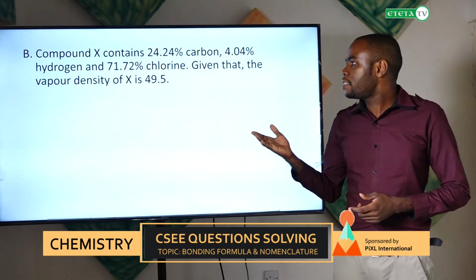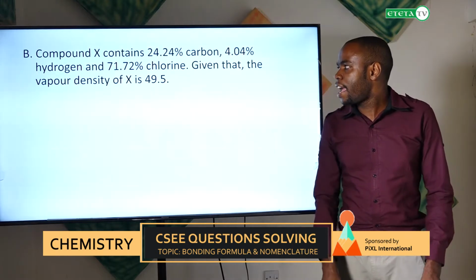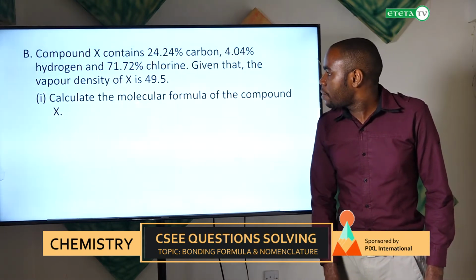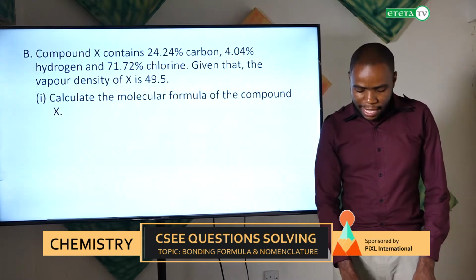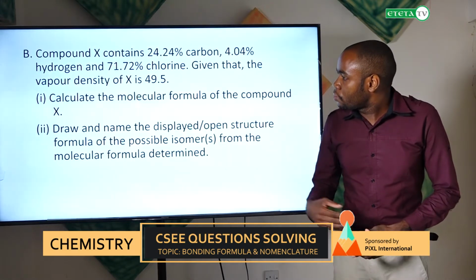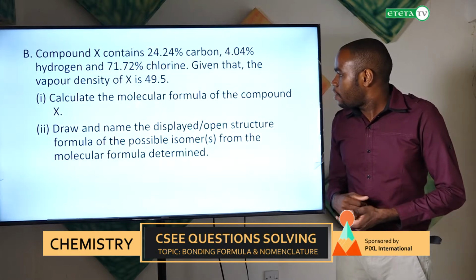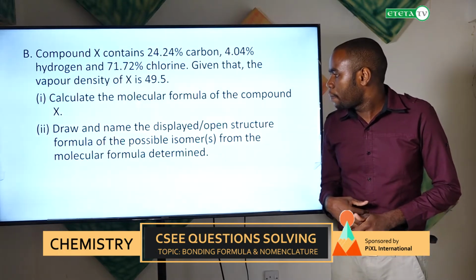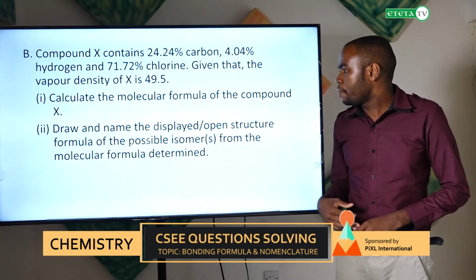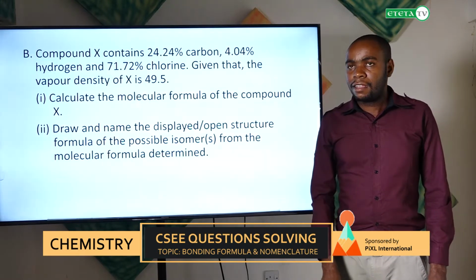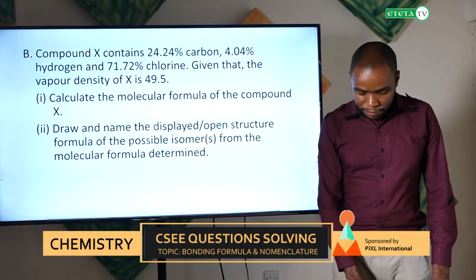Given that the vapor density of X is 49.5, calculate the molecular formula of the compound X. Also, draw and name the displayed or open structural formula for the possible isomers from the molecular formula determined. So this is the question number 9B.